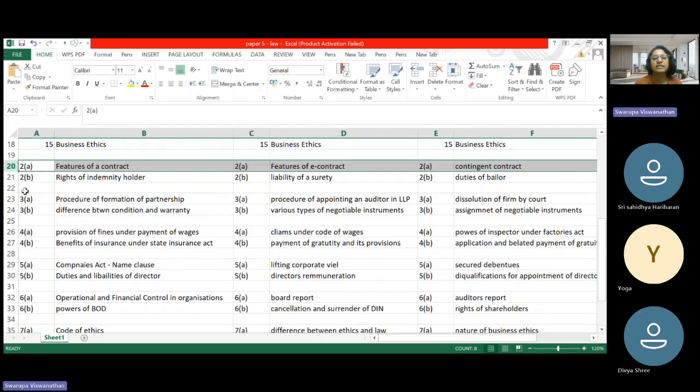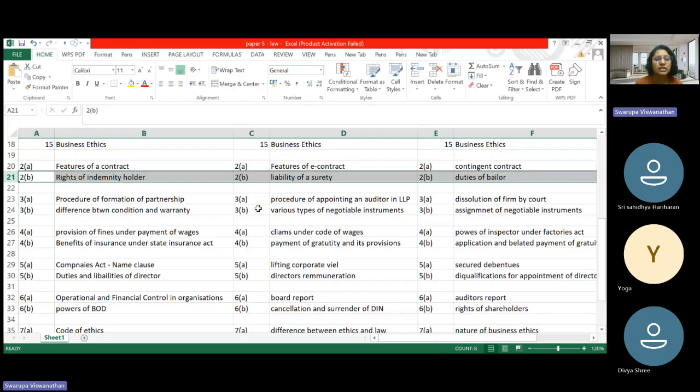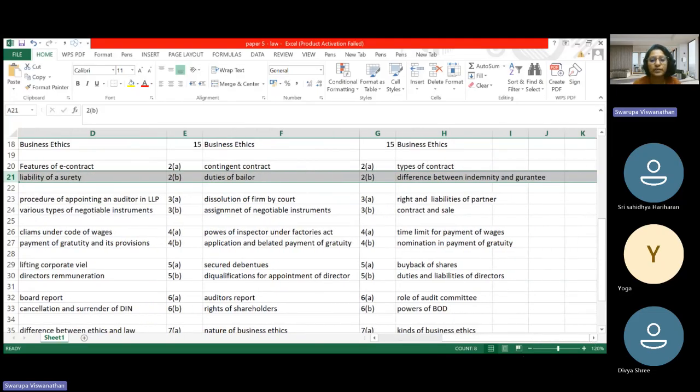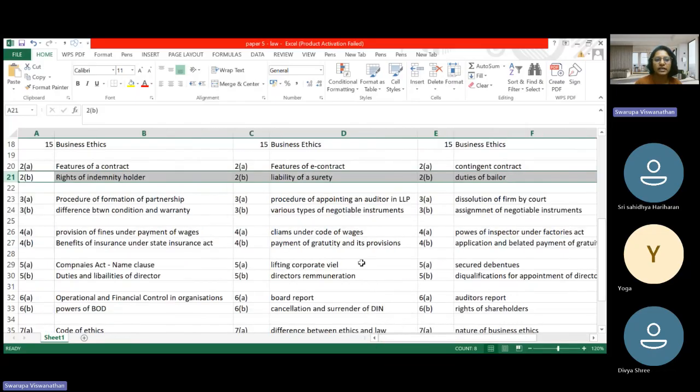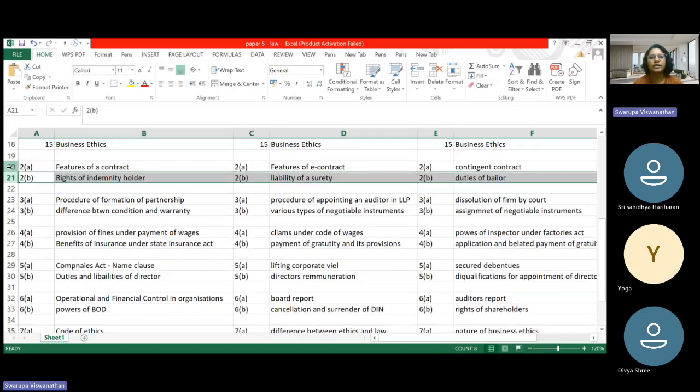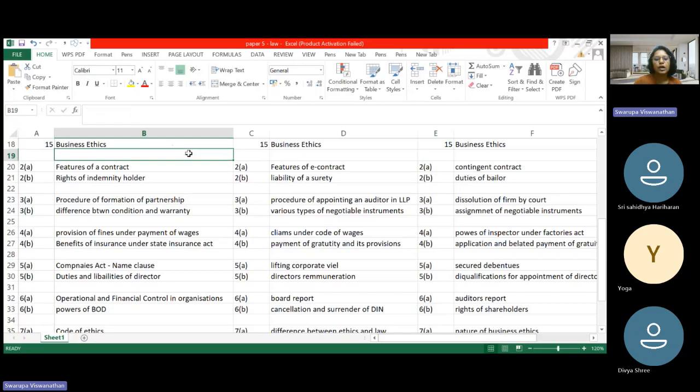Second one: what are the rights of an indemnity holder, bailer, liabilities of a surety, difference between indemnity and guarantee, again covering your Indian Contract Act. So 14 marks for 2A and 2B will be from Indian Contract Act. So Indian Contract Act will fetch you 14 plus 2, that is 16 marks.